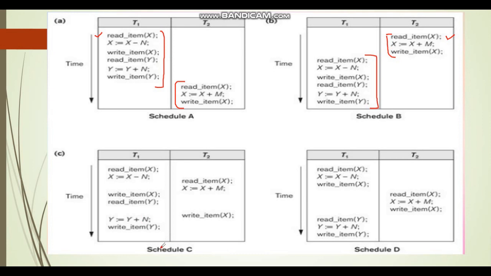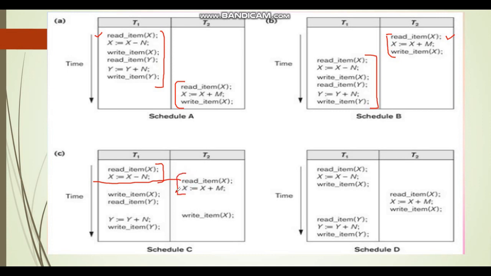Now see schedule C and schedule D. Here at time T1, transaction T1 started, but at time T3, T2 came into the picture. That means after executing 2 instructions, T2 started executing.